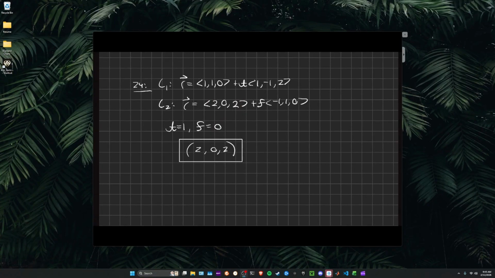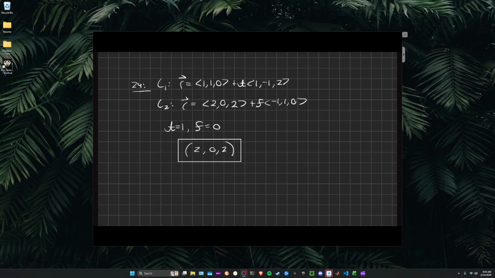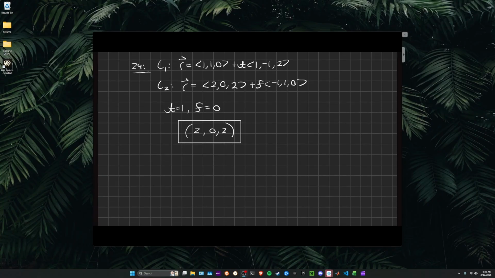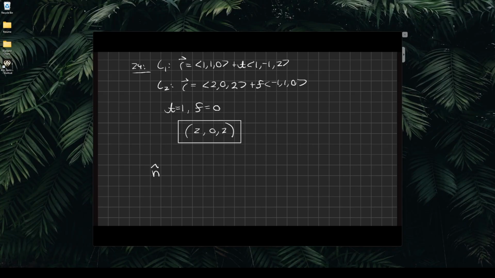Okay, now we also want to find a vector perpendicular to the plane. So again, we should be thinking of cross product. So this vector n, and usually we denote this as n hat, indicating it's a normal vector.